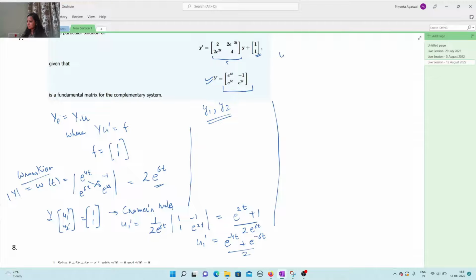So yeah, u will be then 1 by 2. If we integrate, this will be e to the power minus 4t over minus 4 plus e to the power minus 6t over minus 6, and e to the power minus 2t over minus 2 and minus t. If we simplify, we can write it as u equals 1 by 2 times this.